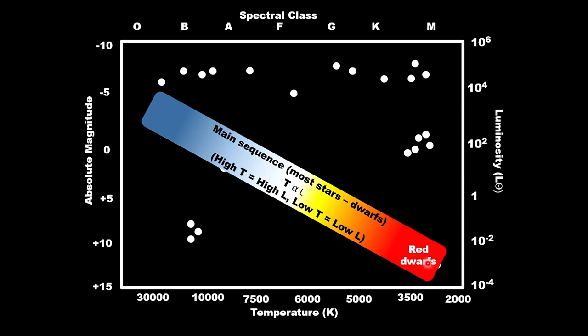That's why they're so dim, because they're very small and low temperature. Overlapping at the top end of the main sequence, there are a group of stars that are called blue giants. They're not on the main sequence, but they share similar temperatures. We're not going to say too much about the blue giants.